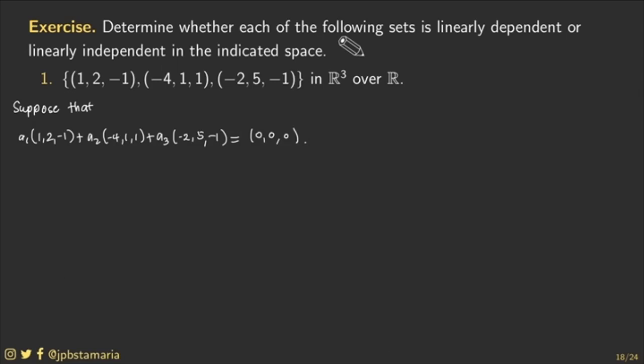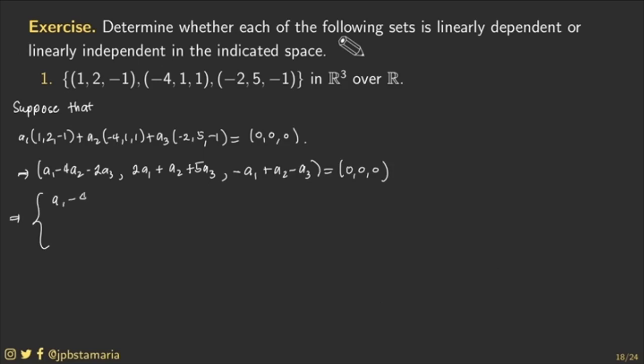So let's continue. We simplify the left-hand side. We get (a1 - 4a2 - 2a3, 2a1 + a2 + 5a3, -a1 + a2 - a3) = (0, 0, 0). Comparing coefficients, we get the following linear system. But this time, what type of linear system was produced?